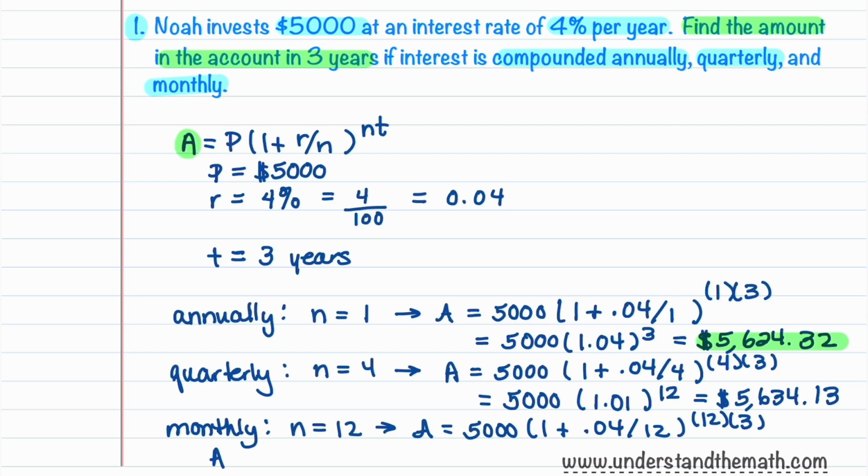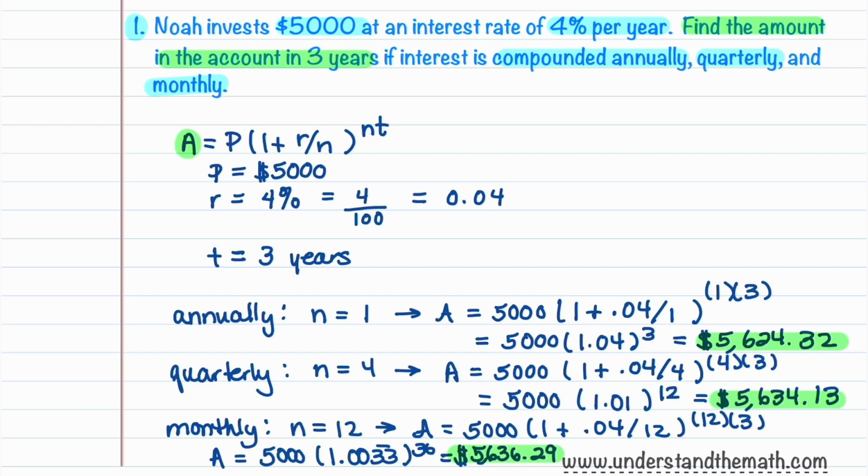This gives us A is equal to 5,000 times 1.0033, and I'm going to put a bar up there because that's repeated. And then 12 times 3 is 36. And I see we're running out of room here. Let's see if we can squish it in. When you put these numbers in a calculator, you end up with $5,636.29.